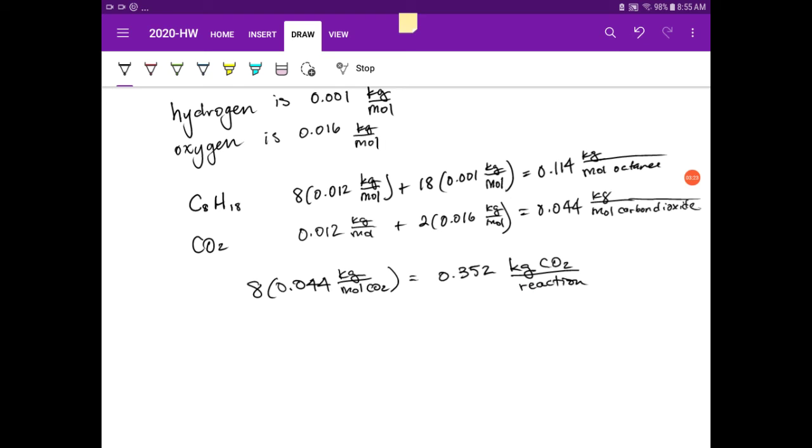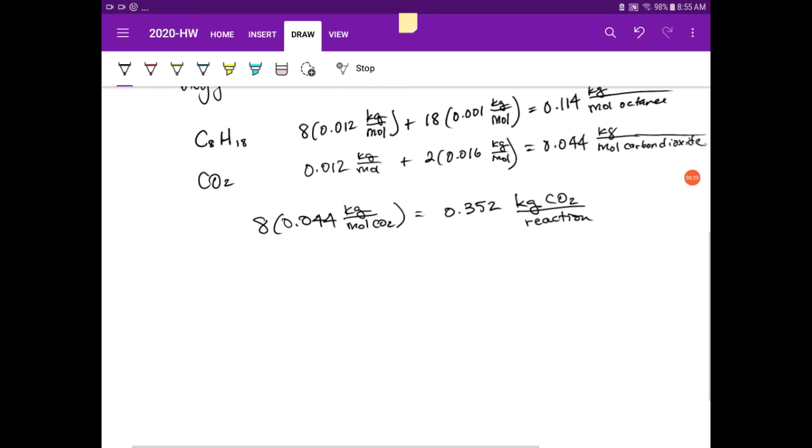So I think of that as we're going to get 0.352 kilograms of CO2 for every reaction of 1 mole of the octane. Okay, so then that gives us a conversion ratio to say that every time we have an output of 0.352 kilograms of CO2, that required an input of 0.114 kilograms of octane.